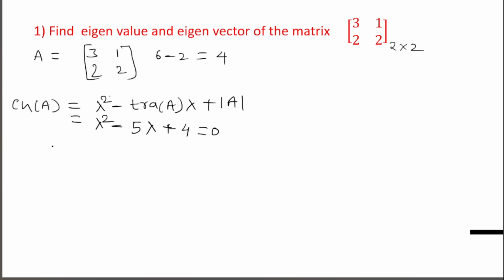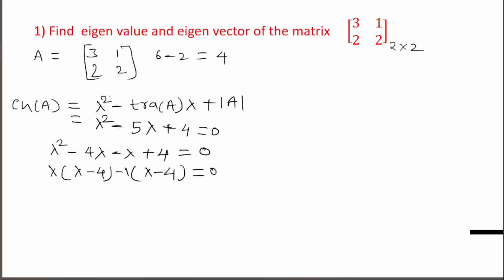By factorization we can write it as lambda square minus 4 lambda minus lambda plus 4, that is equal to 0, and take lambda common, lambda minus 4, here minus lambda plus 4, you have to take minus 1 as common, then plus lambda minus 4, that is equal to 0.